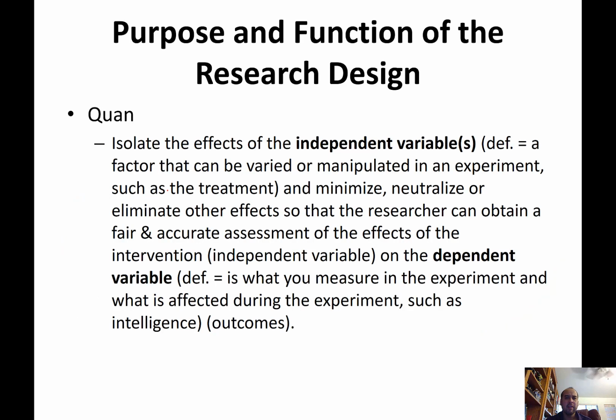The purpose and the function of a design in quantitative research is really to isolate the effect of the independent variable, for the purpose of affecting the dependent variable. This is essentially isolating the independent variable and using it to measure the dependent variable.